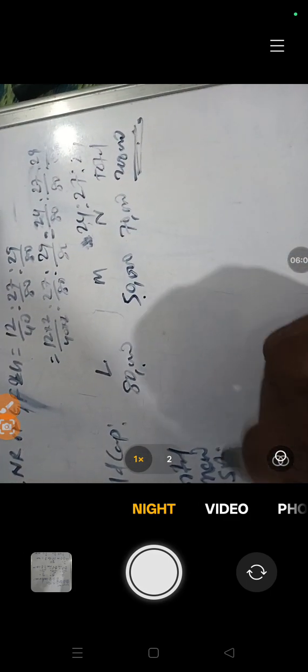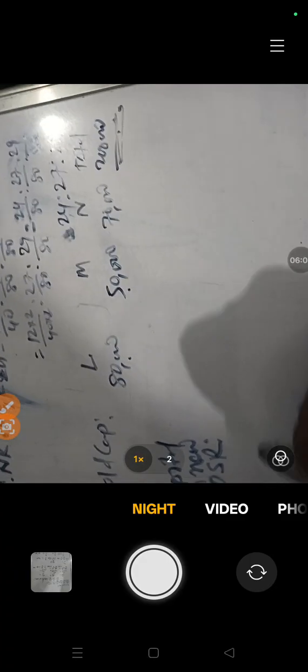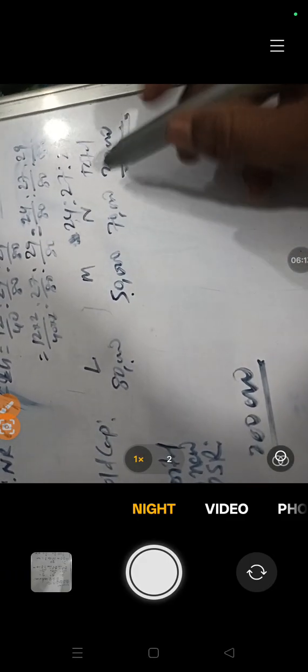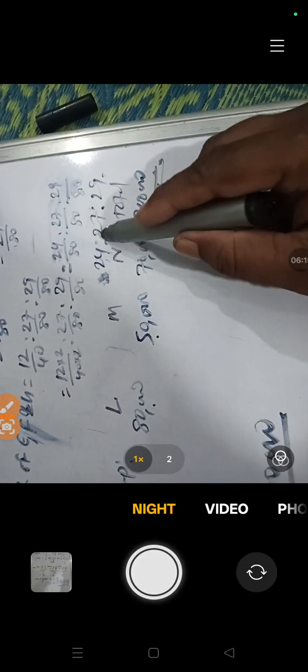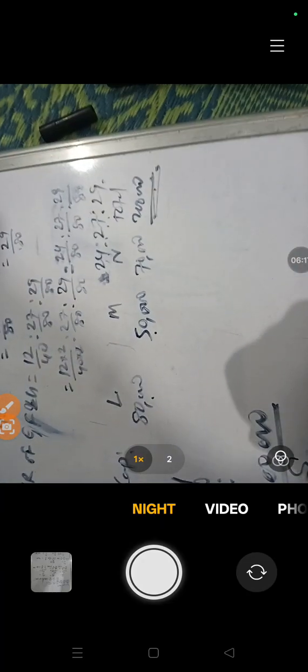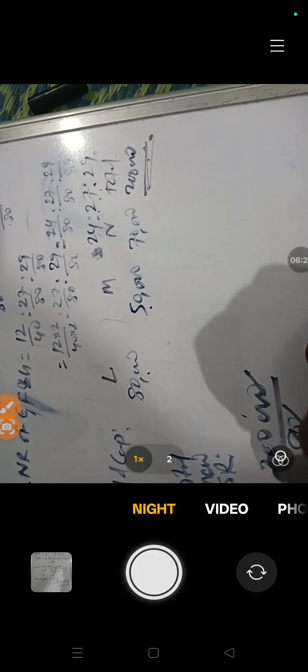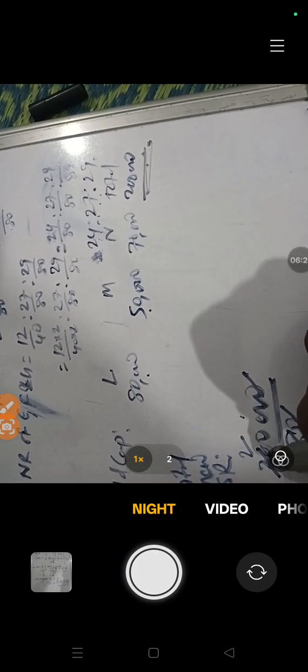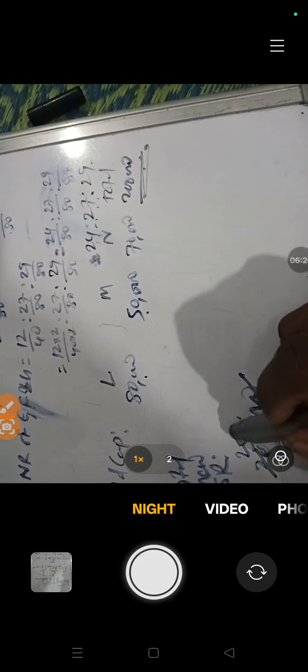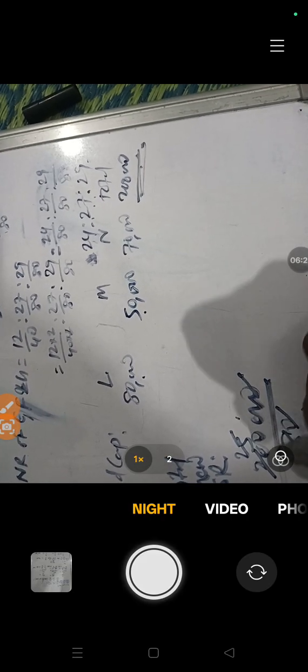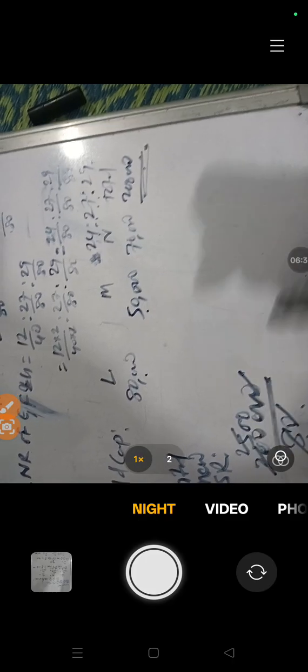First of all, the rough work will be done. What we will do? 2 lakh divided by the sum of the ratio 24 is to 27 is to 29, which was 80. So divided by 80, 0 0 cancelled, 8 2 ja 16, 4 0 8 5 ja 40, 8 5 ja 40. So it is 2,500.